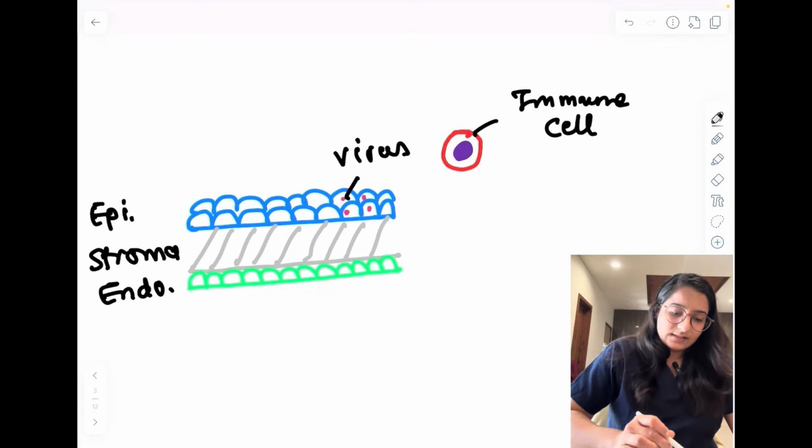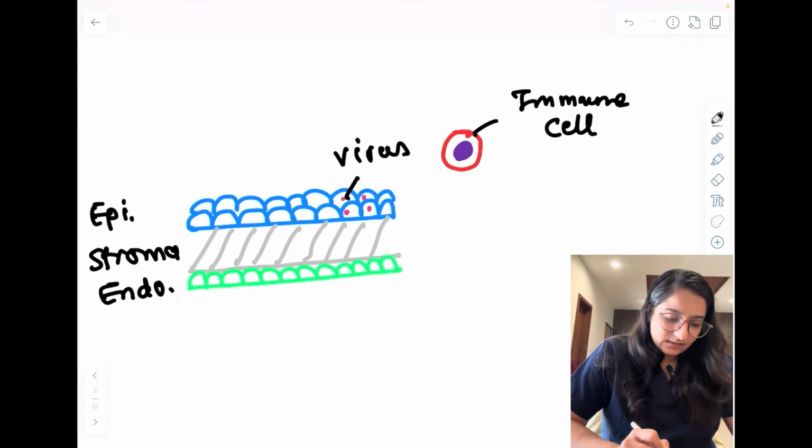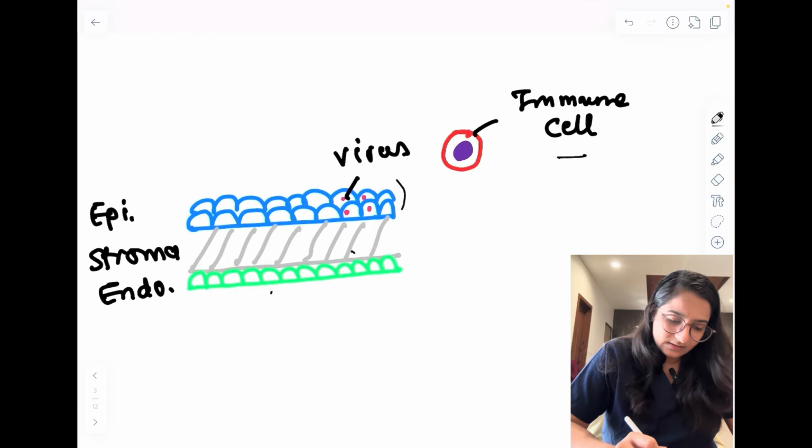So this is the epithelial cells, this is the stroma, and this is the endothelial cells. These epithelial cells are virus infected, and this is our immune cell. Herpes virus infects mainly epithelium. And when this epithelium gets infected, our immune cells come and destroy these epithelial cells which are loaded with virus.